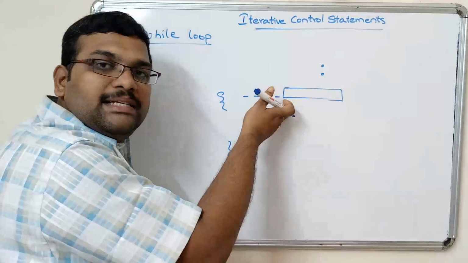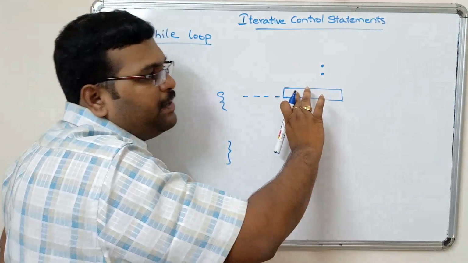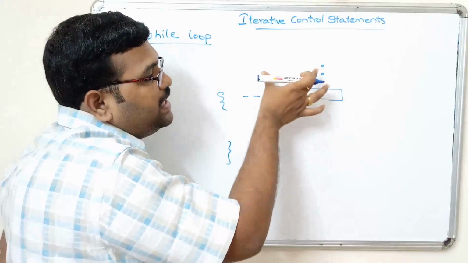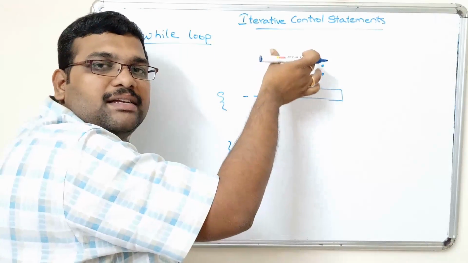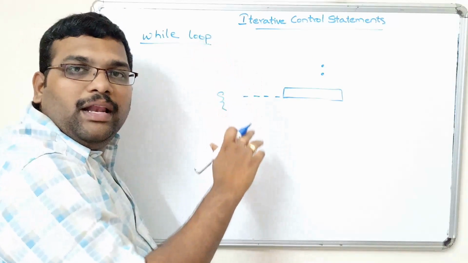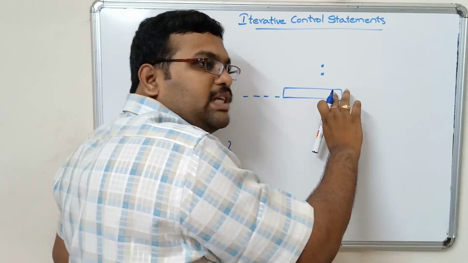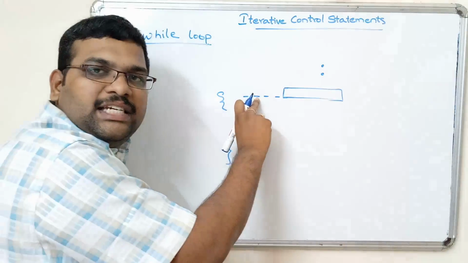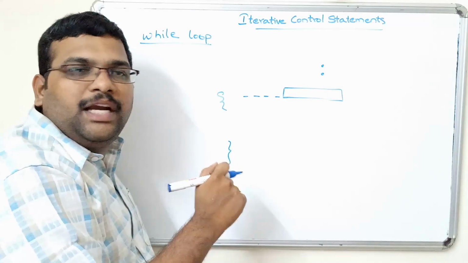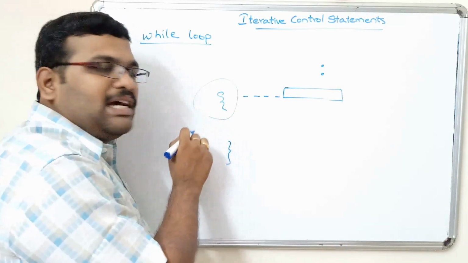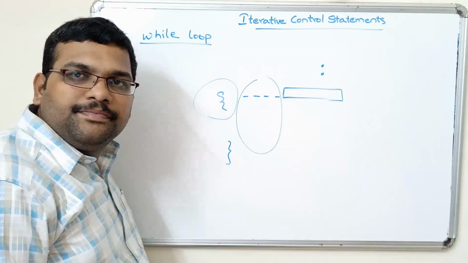This alignment implies that these are the set of statements which belong to this particular header. That header may be if, else, while, anything. All the statements represented using this indentation will represent a block of statements. So instead of curly braces we use this indentation, alignment.